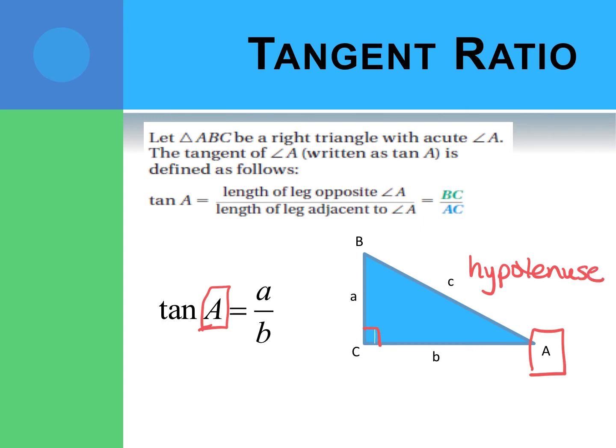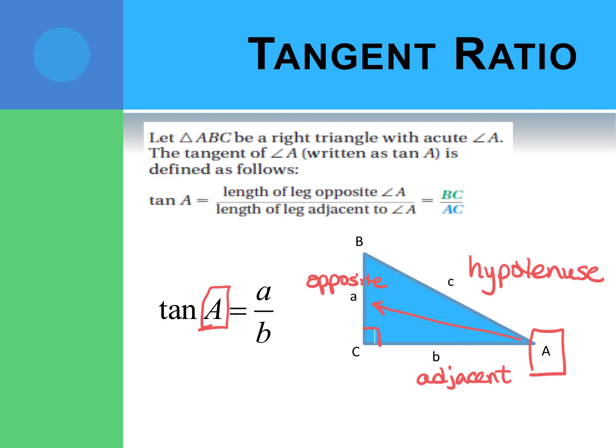Now, still only talking about angle A, the side that is opposite to angle A is going to be this little a that's over here. So this is the opposite side to angle A. And then the side that is adjacent or next to angle A that doesn't have the name hypotenuse is this one, side B. So once you get your triangle, you should put these 3 names on the 3 sides of the triangle.